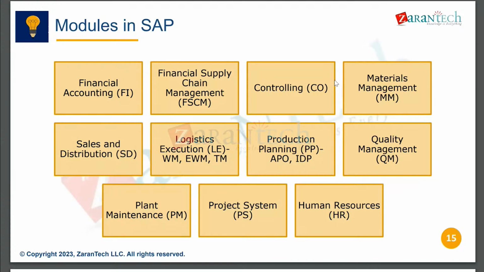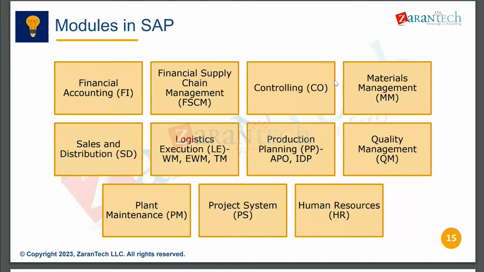In materials management, I mean inventory management, they procure the material and do the goods receipt. From there, WM and EWM come into the picture, and they properly store that material in the respective bins, storage locations, and storage types. These warehouse-related activities are taken by the WM and EWM modules.